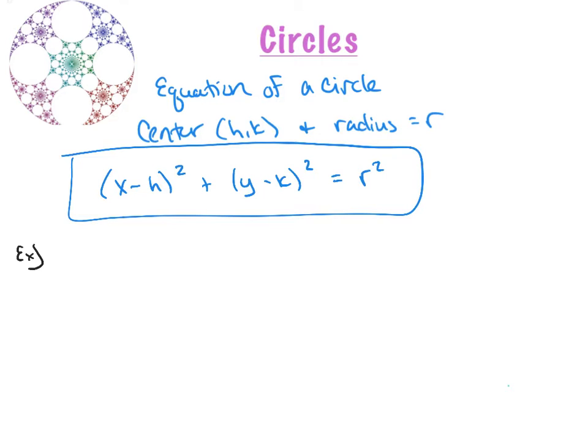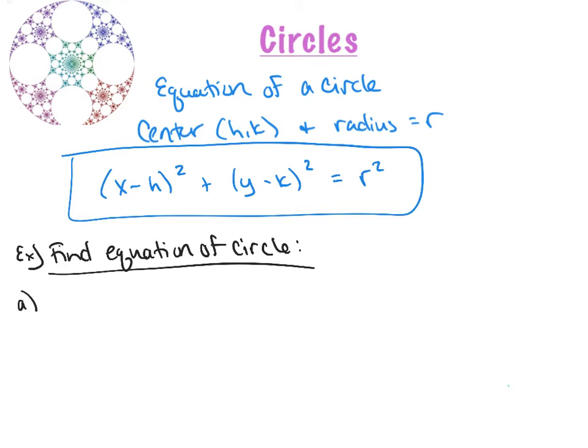So let's find the equation of a circle with the given properties. Let's first do center is at negative 5, 2, and the radius is 3.